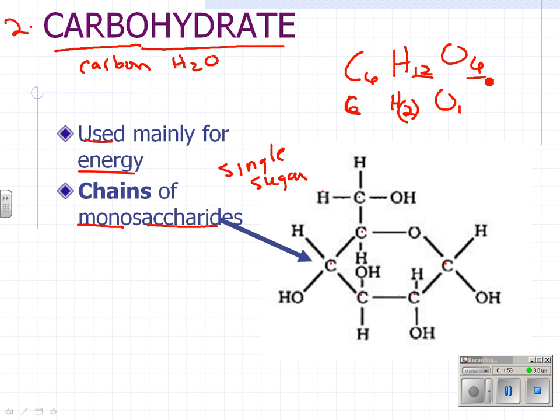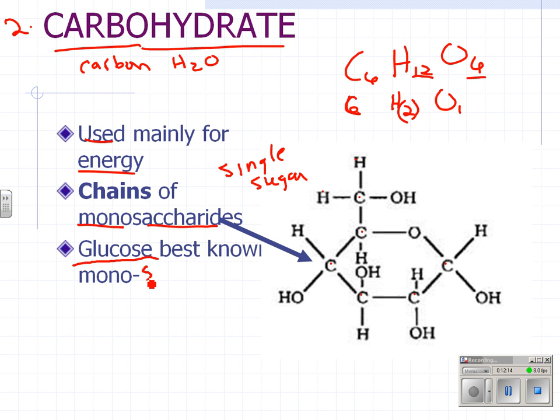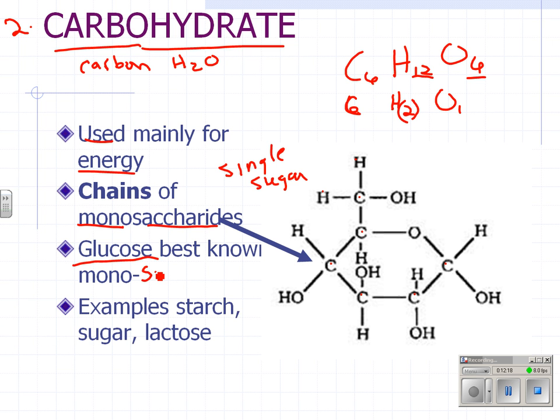This number is twice that. That's the chemical formula for carbohydrate. Glucose, which we'll talk about over and over again, is the best known single sugar. Monosaccharide. Some examples of carbohydrate.